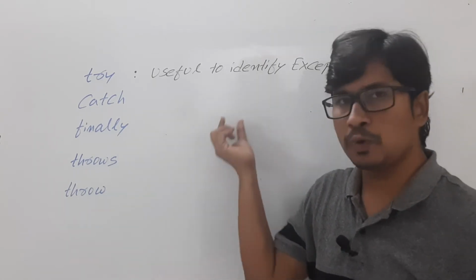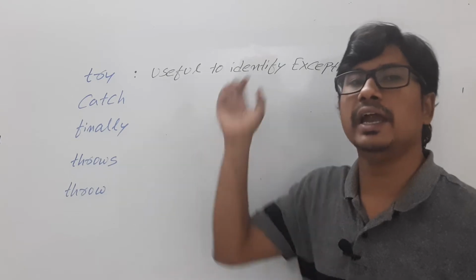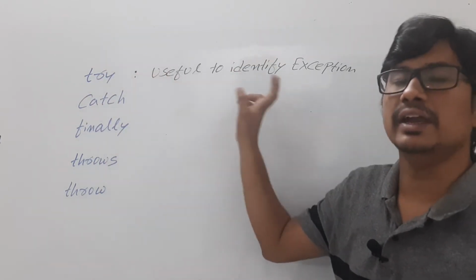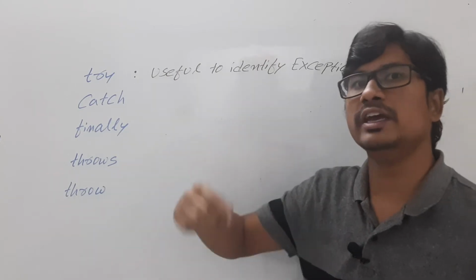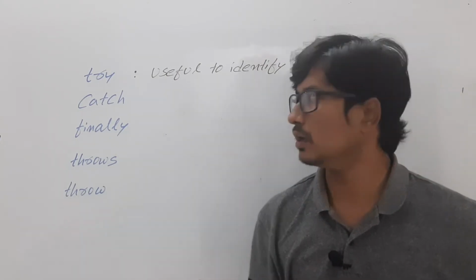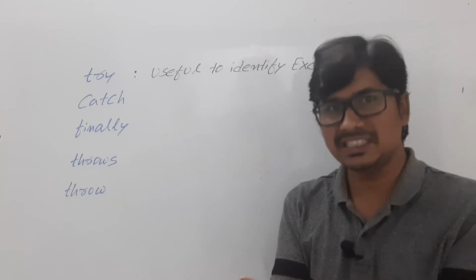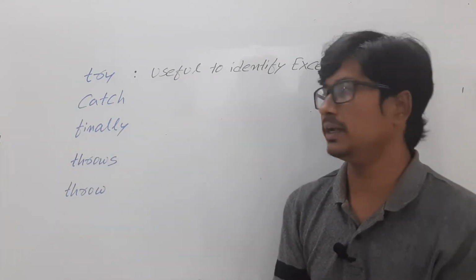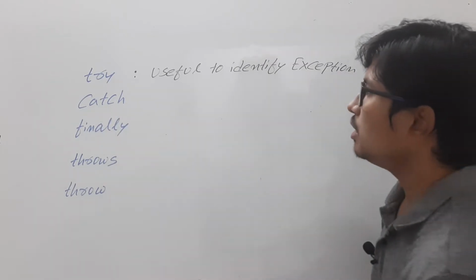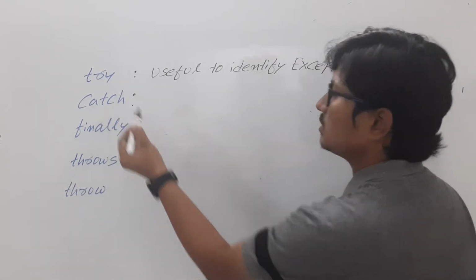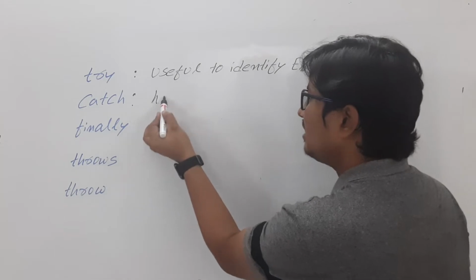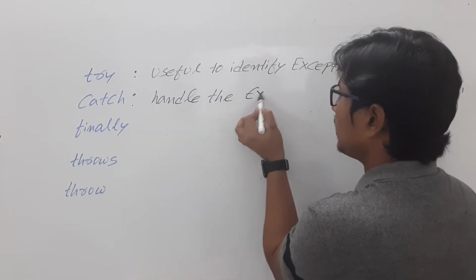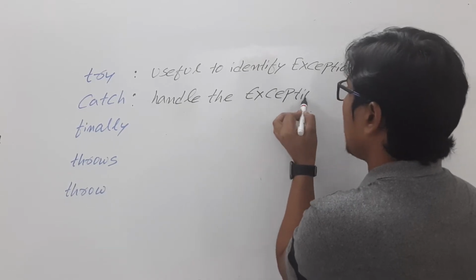Then a corresponding exception object will be created and thrown. If someone has thrown a ball, someone needs to catch it. Am I right? So the catch will be useful for you to catch that error and handle the exception, whatever exception has been raised.